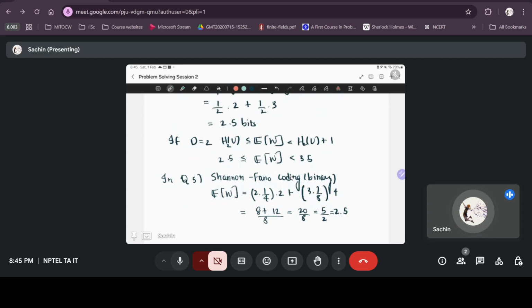So by doing Shannon-Fano coding, we were able to achieve the lower bound.